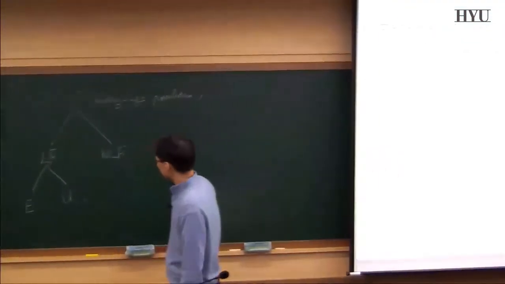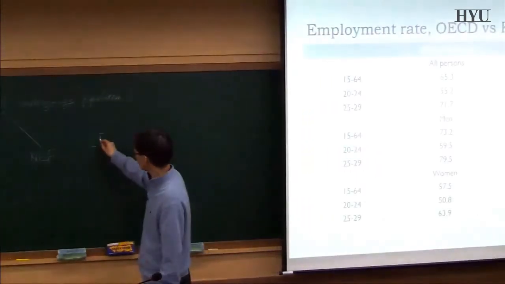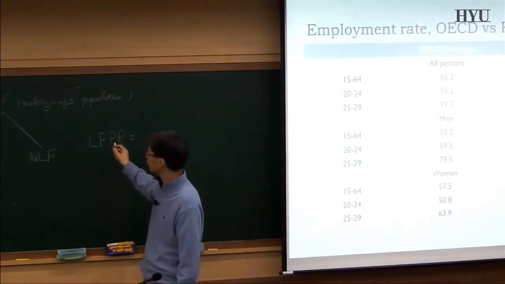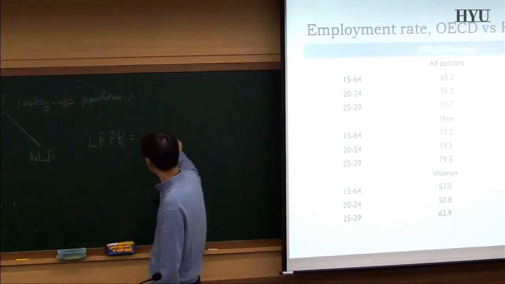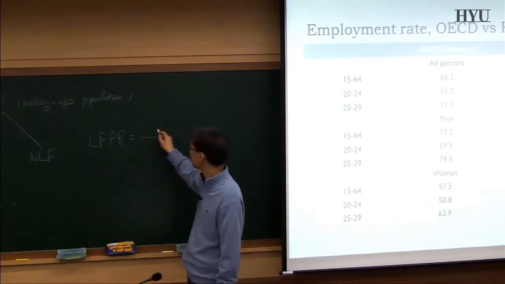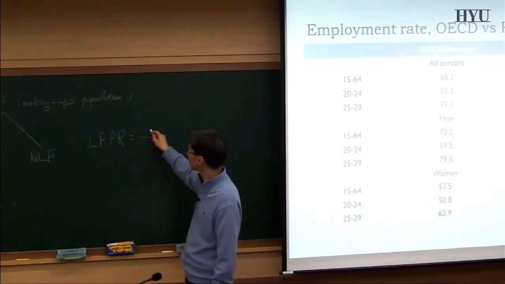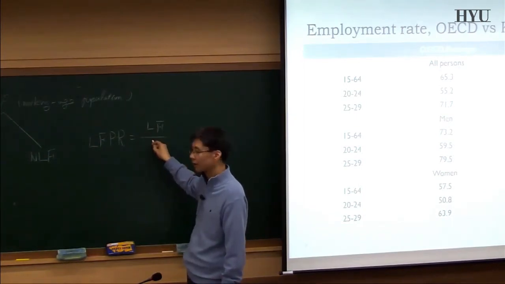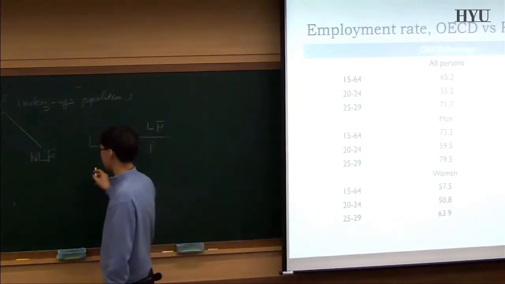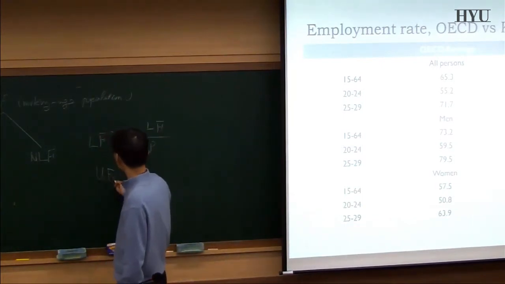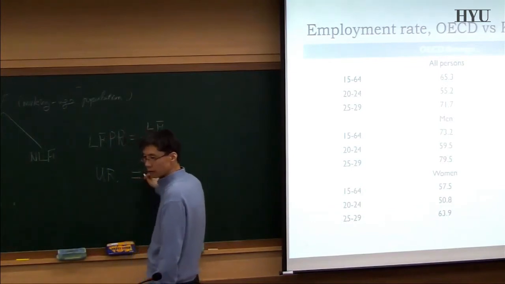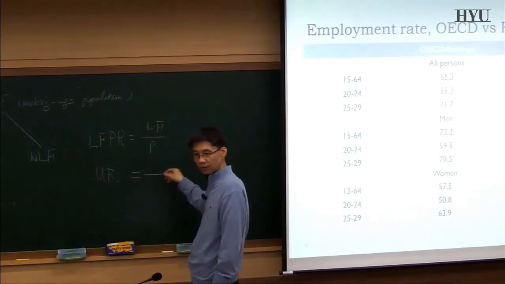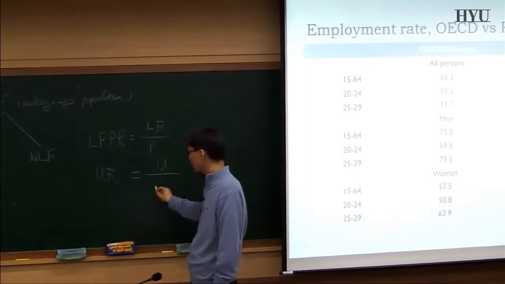And then we have basic ratios. The labor force participation rate is what over what? Here, LF divided by P. And the unemployment rate, U divided by LF.